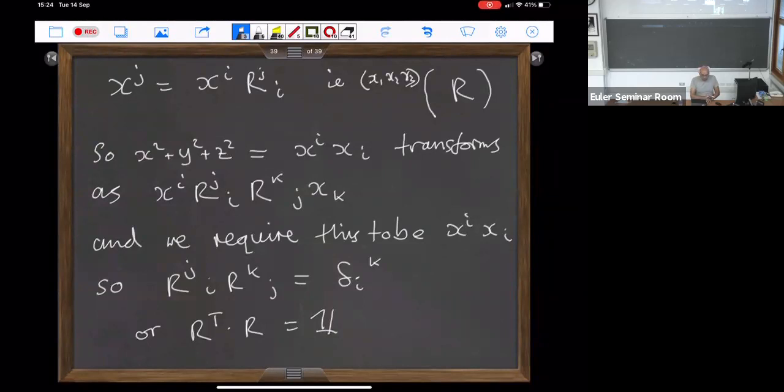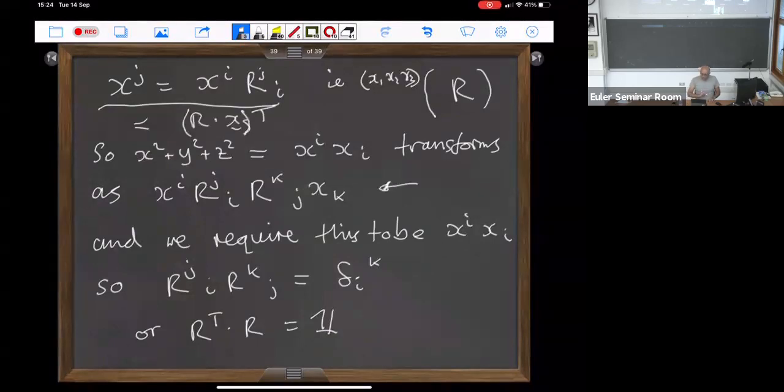So a row vector is naturally acted on by matrices from the right-hand side, because it's just R dot x, transposed, and transposing reverses the order. So the quantity of interest, which is the sum of squares, transforms into this quantity here.